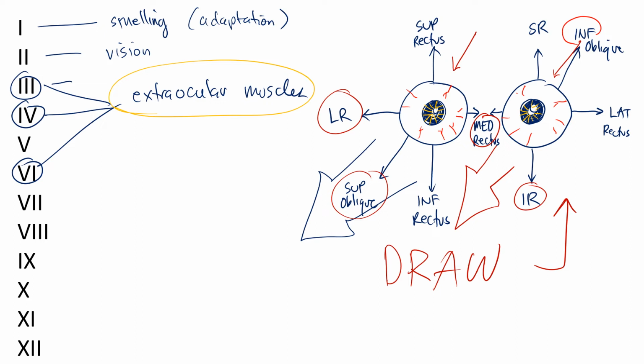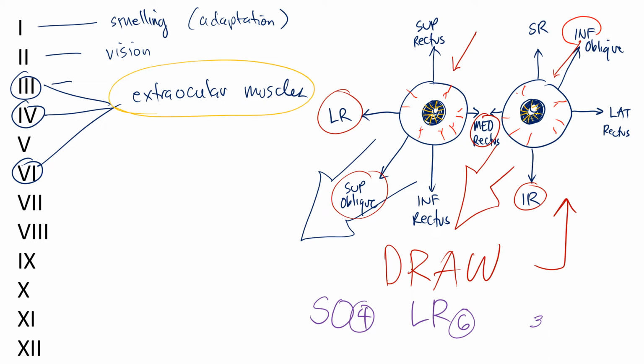Now, function. Just remember this code. SO4, basically that's sulfate. Remember your chemistry. SO4, LR6. So, superior oblique is cranial nerve 4. Lateral rectus, cranial nerve 6. What about cranial nerve 3?